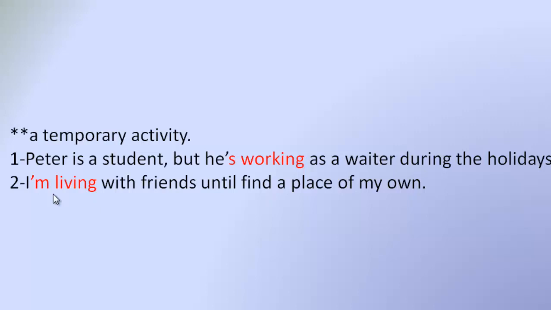So working as a waiter is a temporary activity for Peter. Example number 2: I am living with friends until I find a place of my own. Here living with friends is another temporary activity.